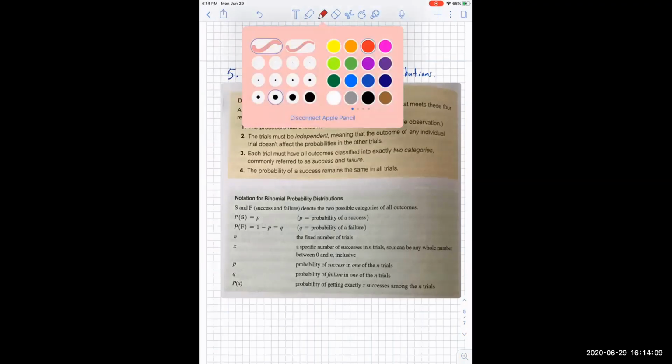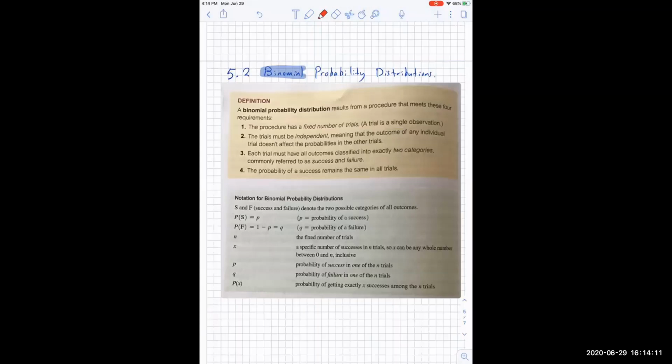Okay, so let me talk about the binomial experiment. Number one, a binomial probability distribution results from a procedure that meets these four requirements. What are these requirements?